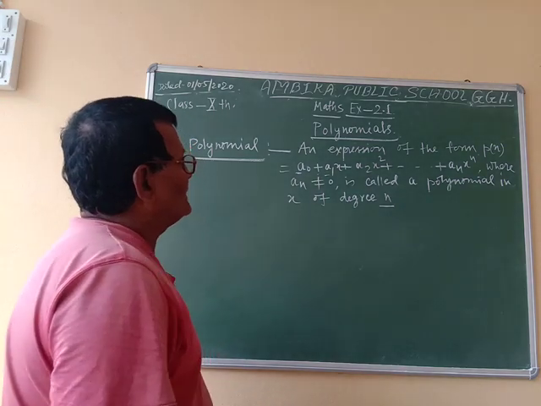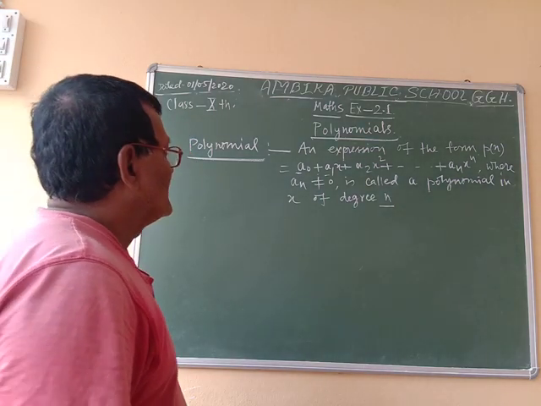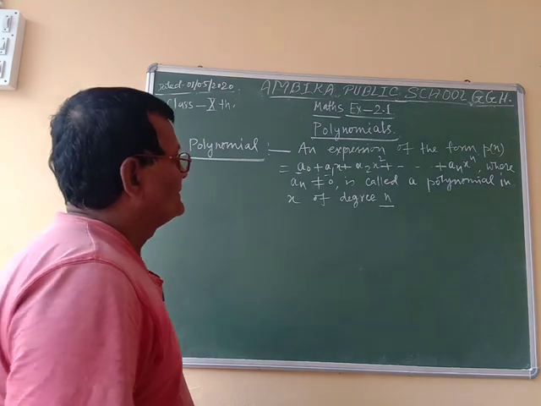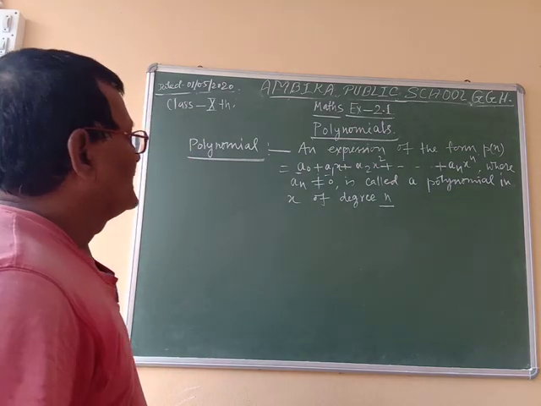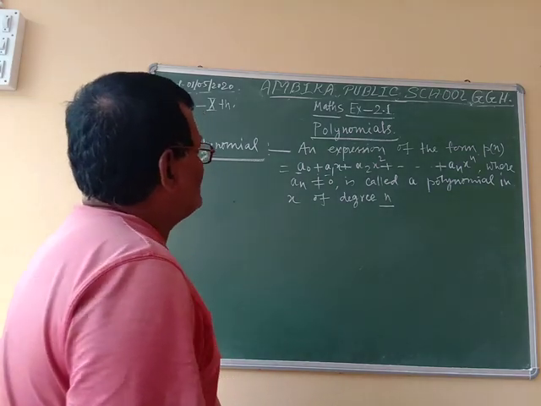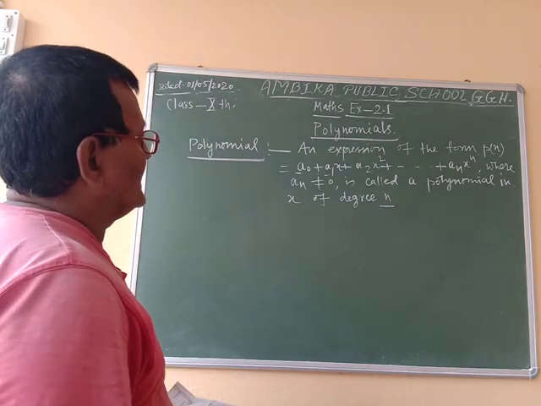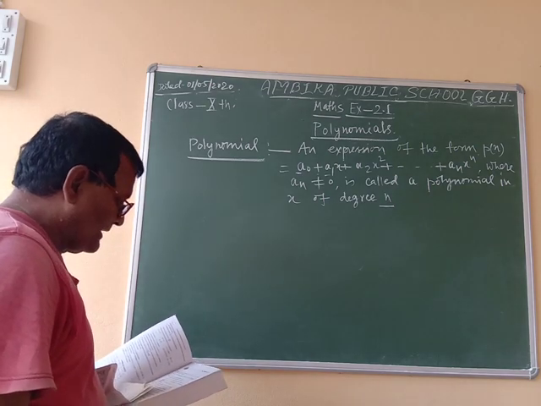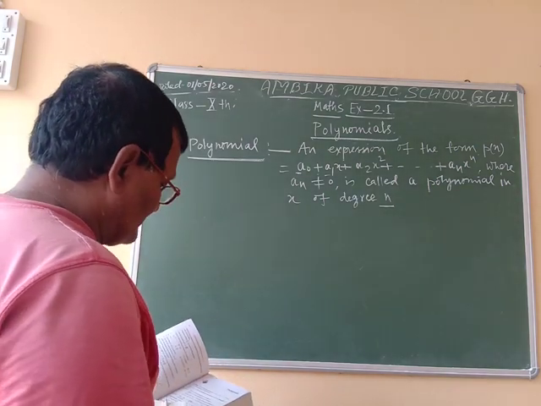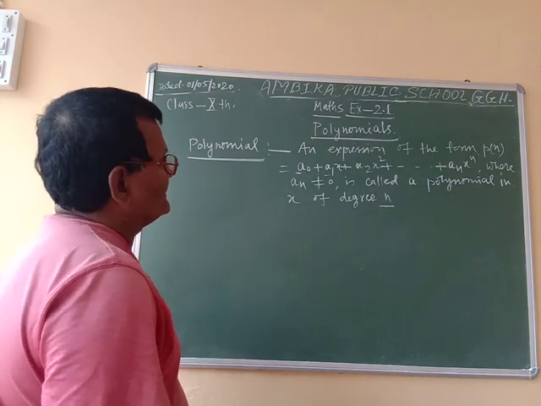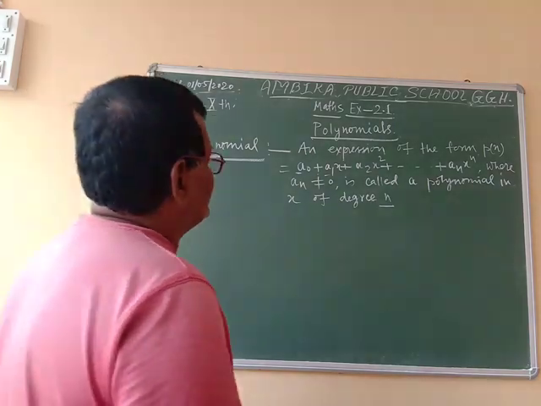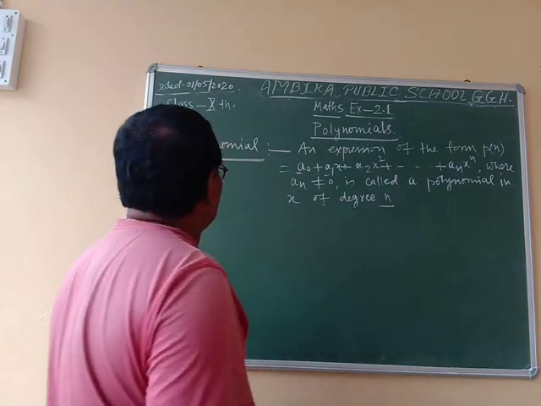Here a0, a1, a2, a3, an are real numbers and each power of x is a non-negative integer.